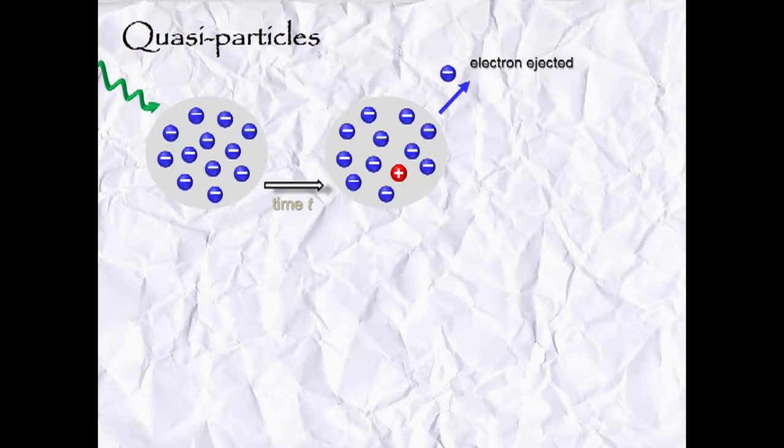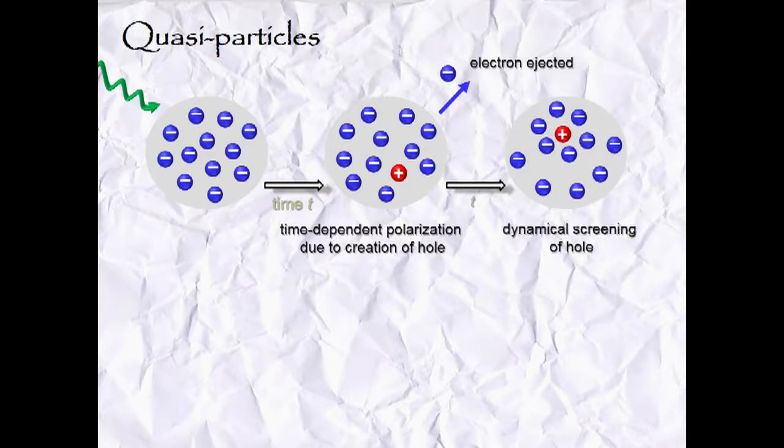And then you will see after a certain time that the system is polarized because, of course, this positive charge somehow will be attractive for the neighboring electrons. So this hole that is created will be dynamically screened. And if you look at the system after another time step, you will see that this hole has moved, but now it has been surrounded by electrons because of this attractive force between electrons and the hole.